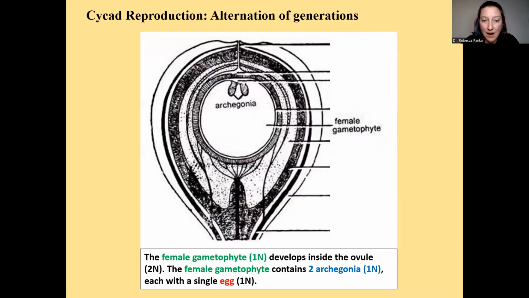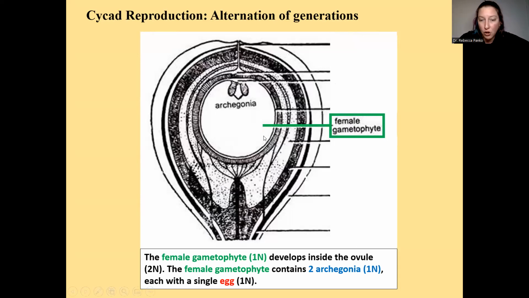So I'm pointing that out because look here, the female gametophyte plant, shown in green, is inside the ovule, but the ovule is diploid because the ovule is part of the sporophyte plant. But the female gametophyte plant, she's haploid, so anything on her is haploid.